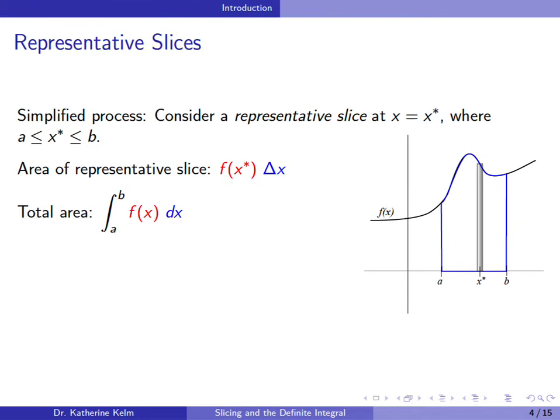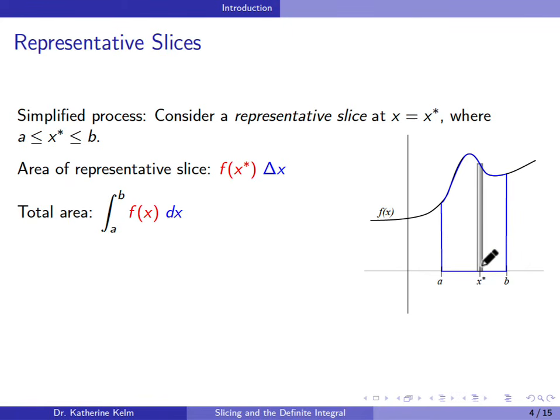We can simplify this process a little bit by considering a representative slice at a given x star. So we'll choose an x star between a and b, and we'll just look at that one representative rectangle. But knowing in the background that we're actually adding up all of the rectangles and then letting n go to infinity.